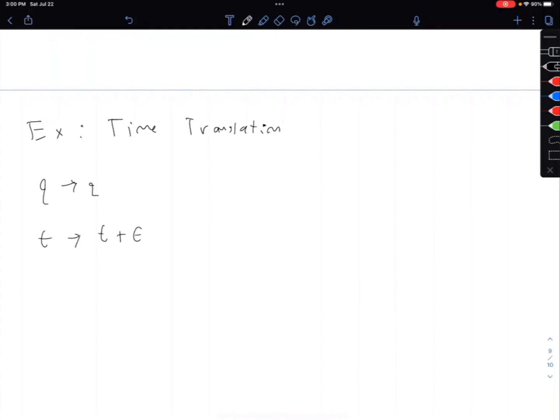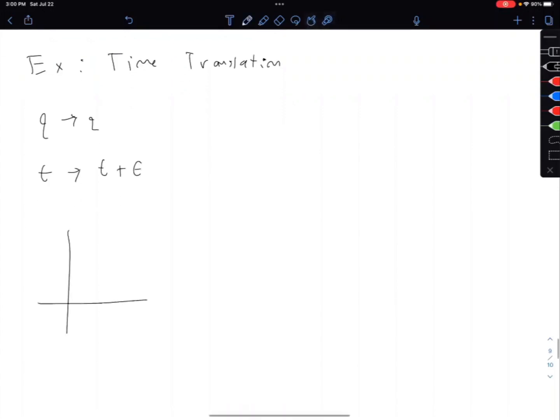We could also do time translation. So that would be Q goes to Q, and T goes to T plus epsilon. It would be the exact same thing as we saw before, except the trajectories get shifted forward in time. It's pretty self-explanatory.